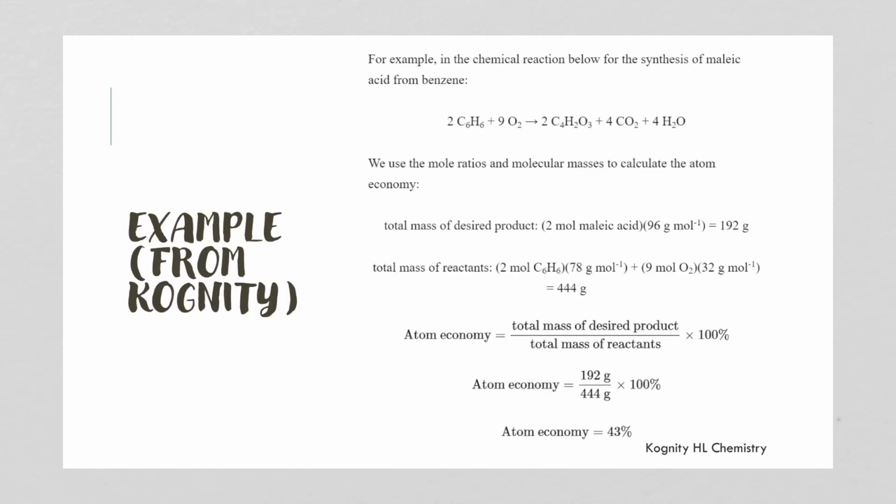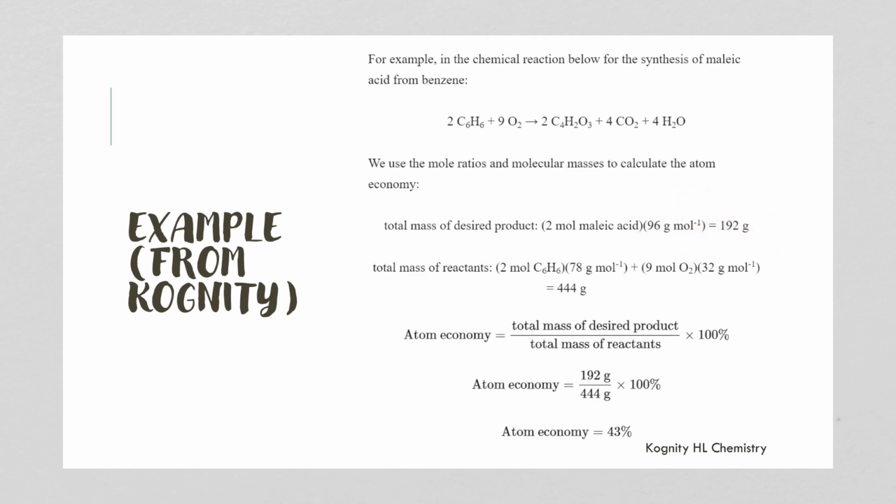This is an example found in our Cognitive textbook. In this example, we're making malic acid from benzene. And again, this is the reaction, and they're using mole ratios and molecular masses to calculate the atom economy. So the total mass of the desired product would be 192 grams, because they want 2 moles of malic acid times the 96 grams per mole, so you end up with 192 grams.